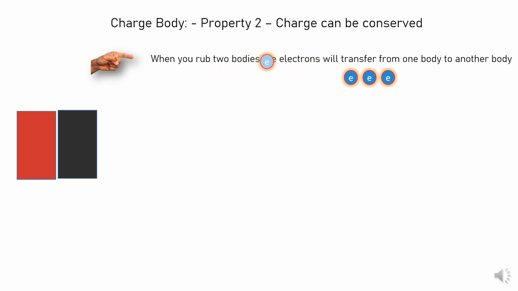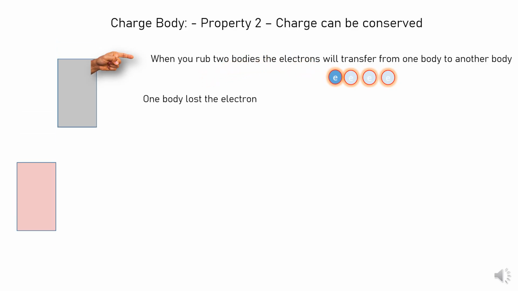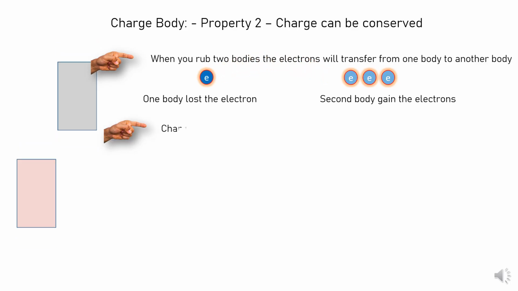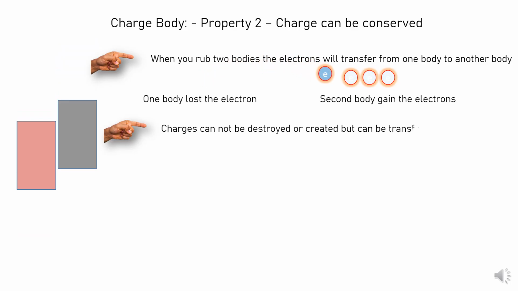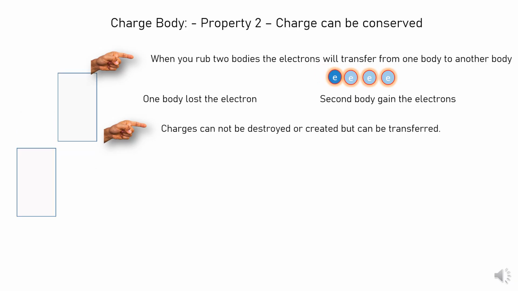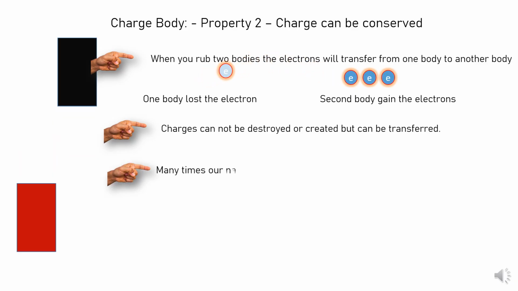One body loses electrons and the second body gains electrons. Here you can see that charge cannot be destroyed and cannot be created, but it can be transferred. Property number 2: charge cannot be created or destroyed, but it can be transferred.